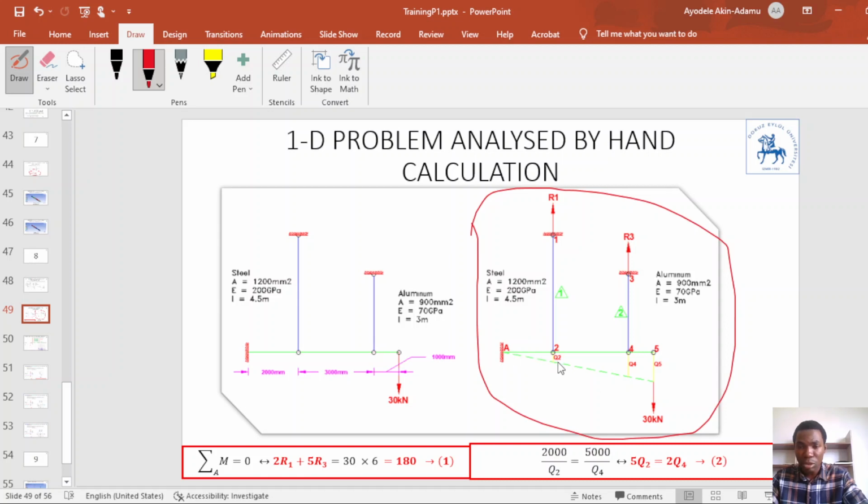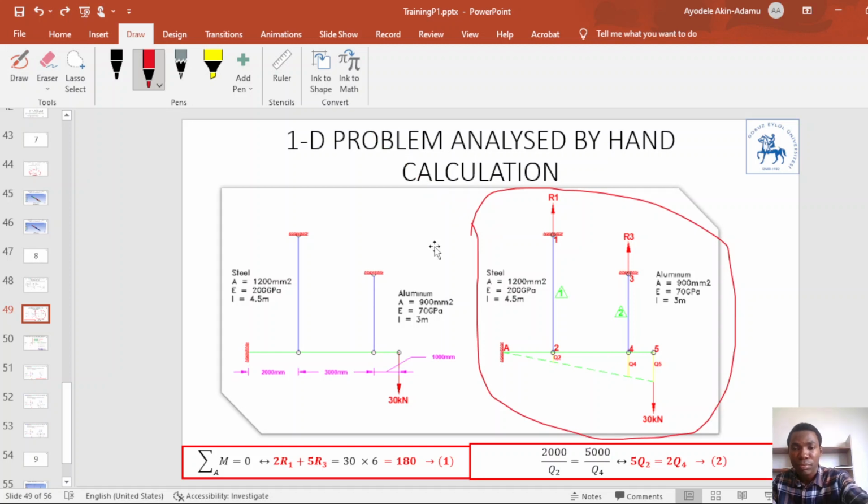There's a small rotation about node A. If we assume there is a small rotation about node A, the rotation will cause the part 1, which we call finite element 1, to stretch by an amount called Q2.